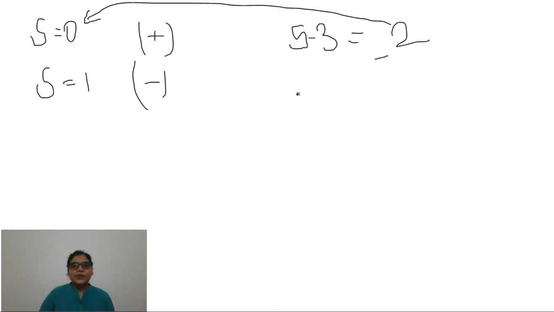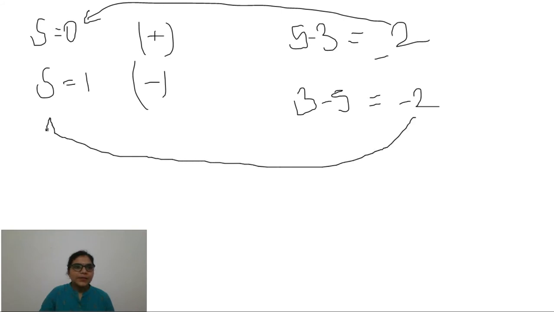Suppose the processor performs 3 minus 5, then the result will be minus 2. The result is negative. So the sign flag will be set by the processor to 1 to denote a negative number.